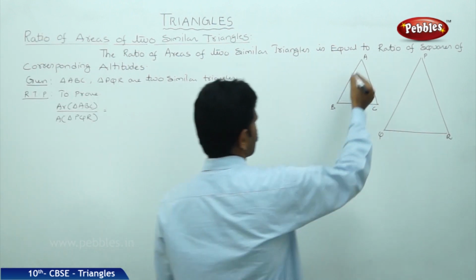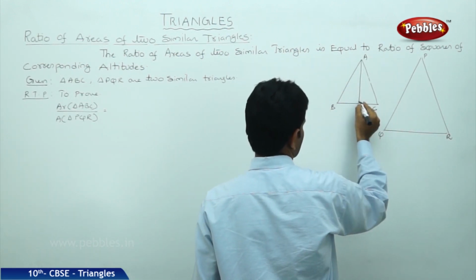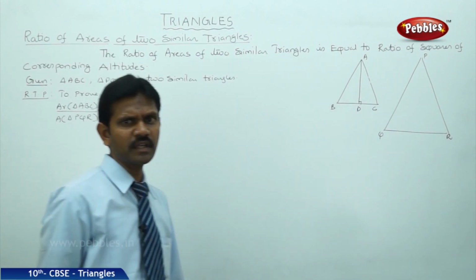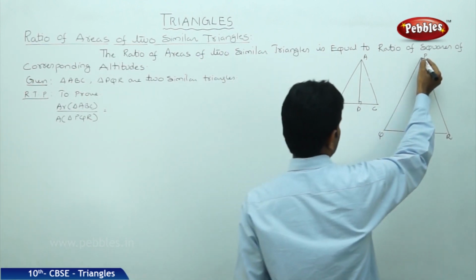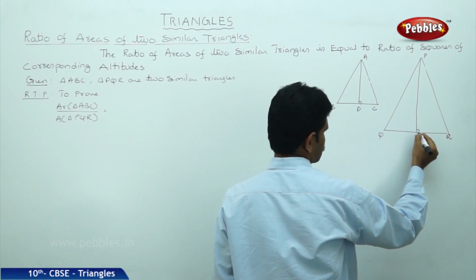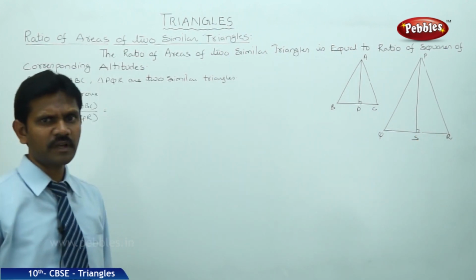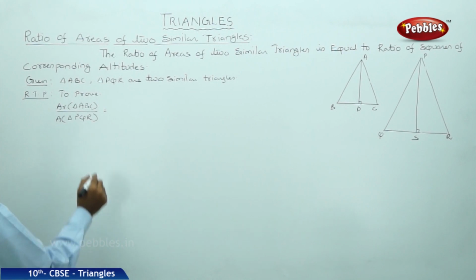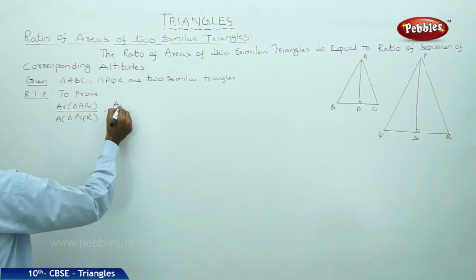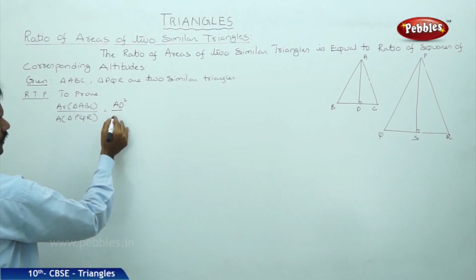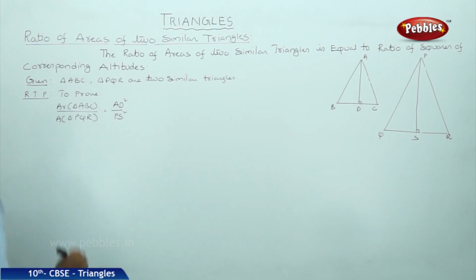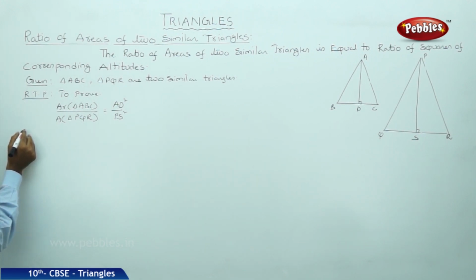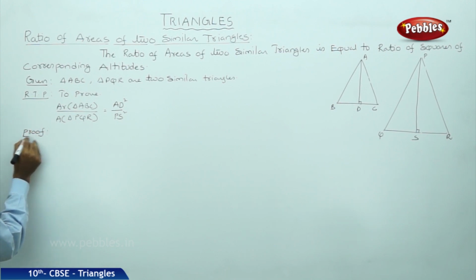That is, AD is the altitude of triangle ABC and PS is the altitude of triangle PQR, we have to prove it is equal to AD square by PS square. Now construction: no need of any construction. Now we have to go directly with the proof.